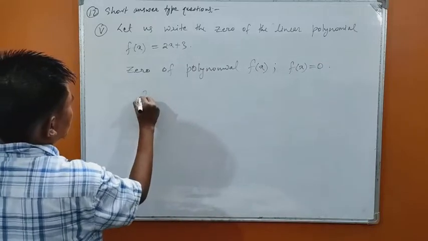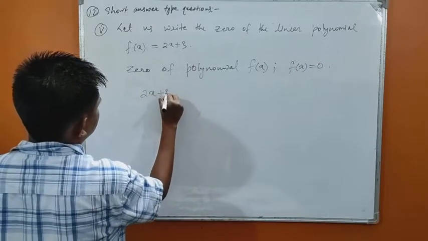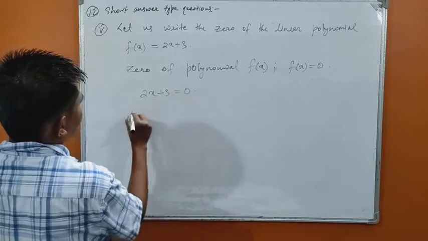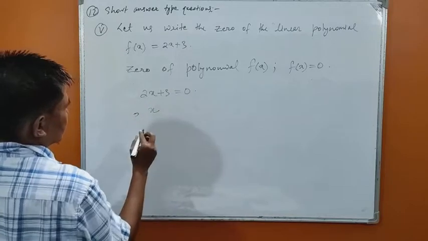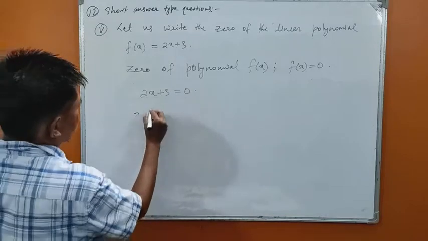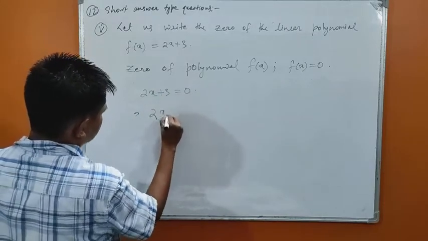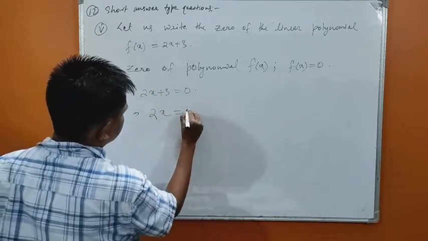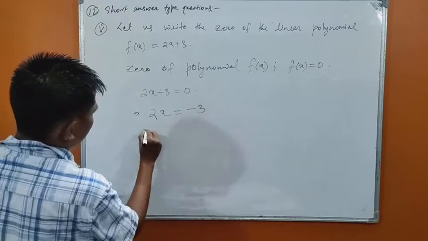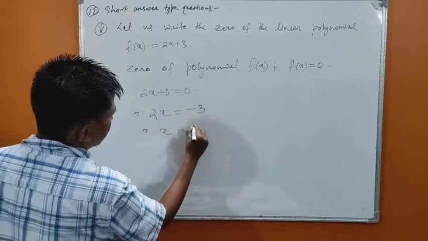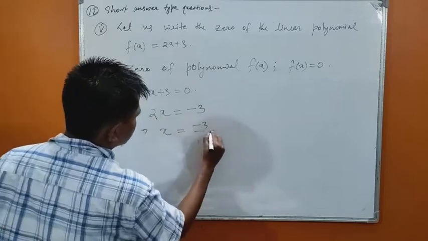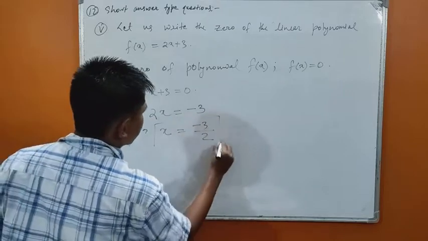So this means 2x plus 3 should be equal to 0, or 2x equals plus 3, when we take to the left hand side becomes minus 3, or x equals minus 3 upon 2, the 2 comes in the denominator. x equals minus 3 upon 2.